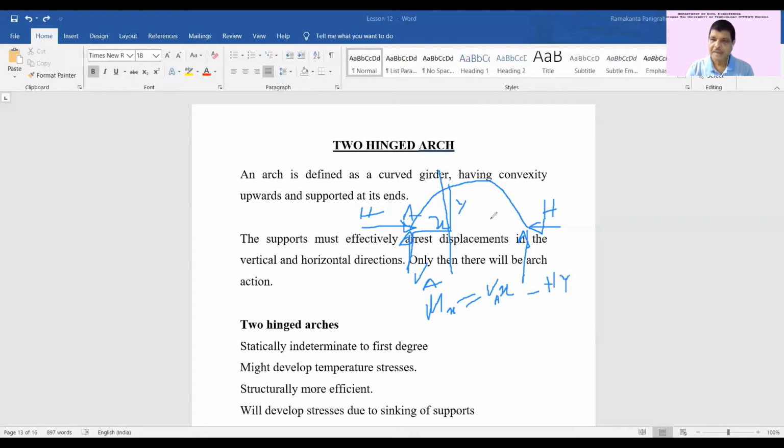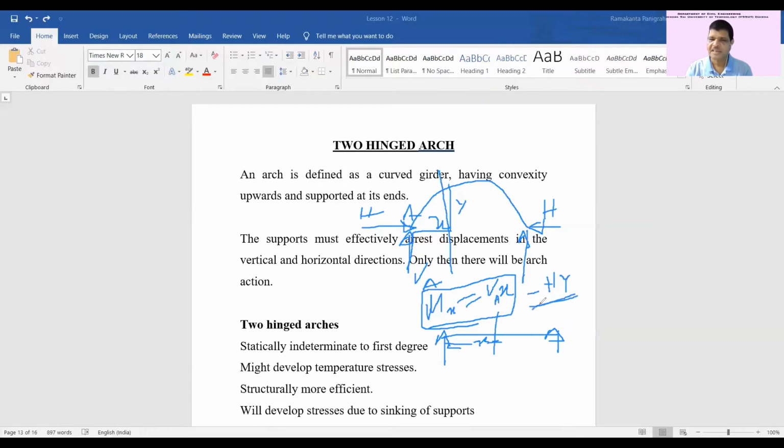Now, what would happen in case of a beam? What is the moment at any section at distance x from the support? The moment Mx will be only Va into x, since there is no load between the support and this section. But if you provide an arch, it is Va into x minus H into y.